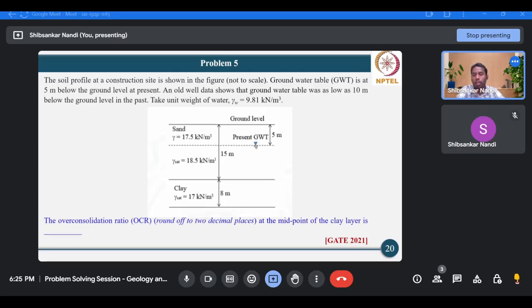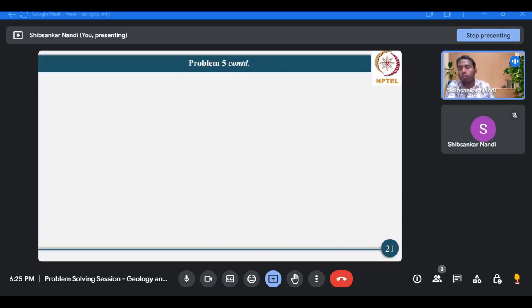Right now we are familiar with this over consolidation ratio because we came across this term in problem 3. If we write it here, the OCR is the ratio of the maximum past effective overburden pressure the soil had faced to the present effective pressure.